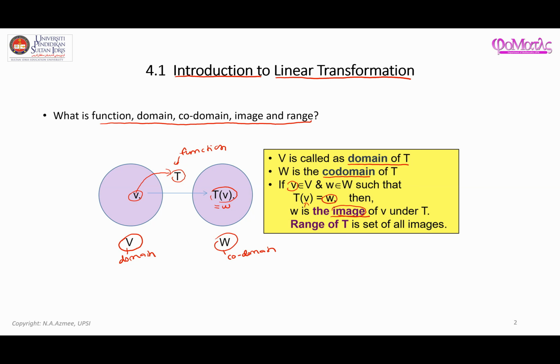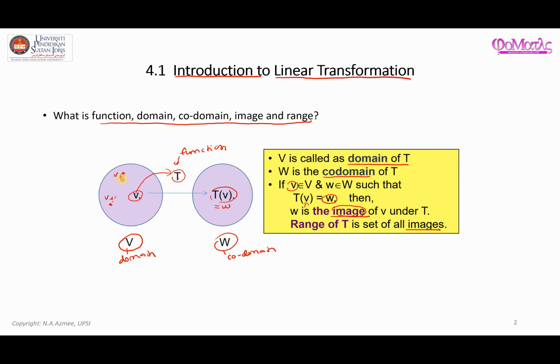So let's say you have many possible inputs. For example, here is another input, for simplicity V1, and V2 is another input. If you keep on supplying these to the function, you will get all sorts of possible images.